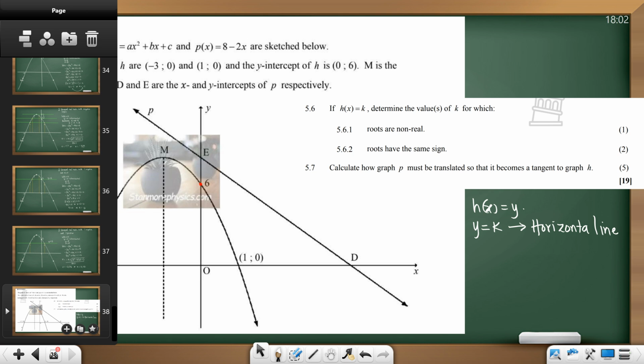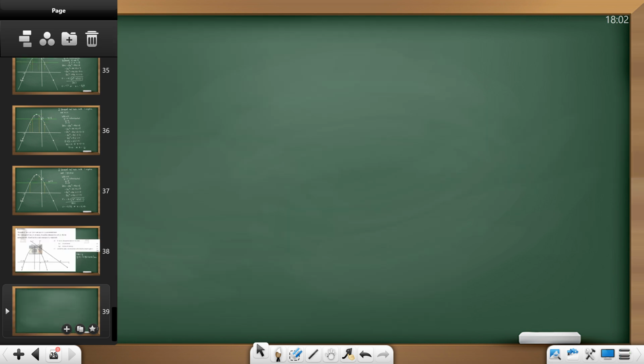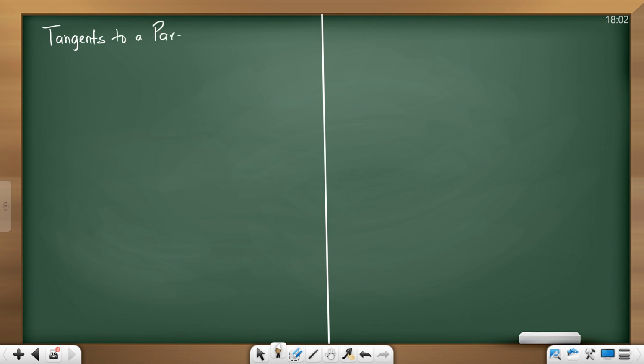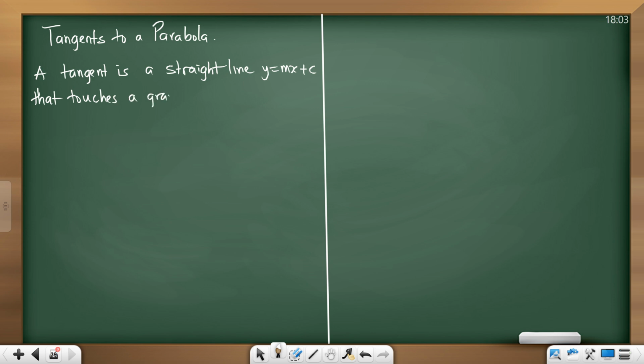Okay, tangents to a parabola. A tangent is a straight line, that is y equals mx plus c, that touches a graph once.